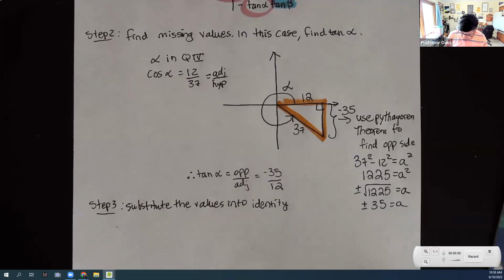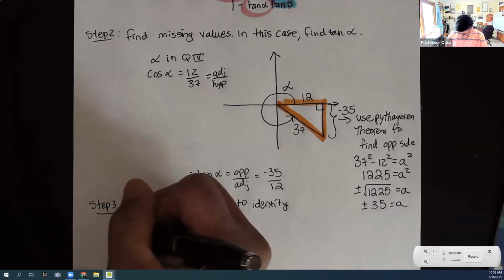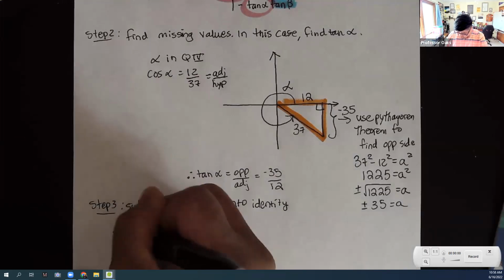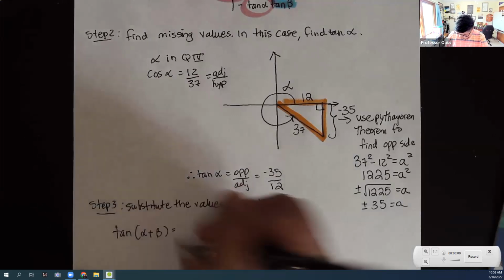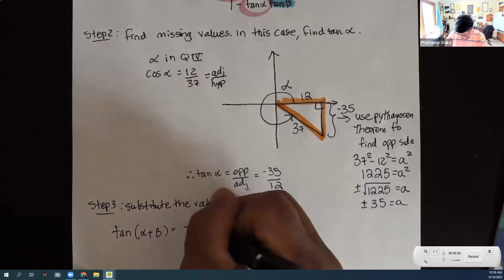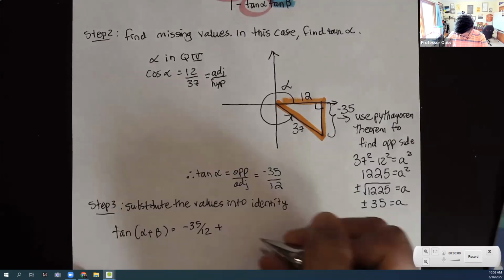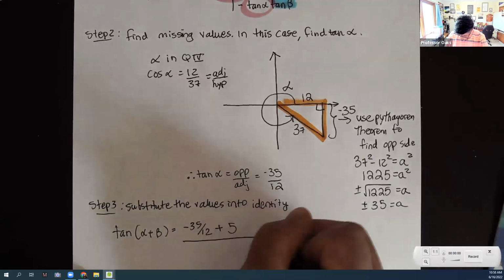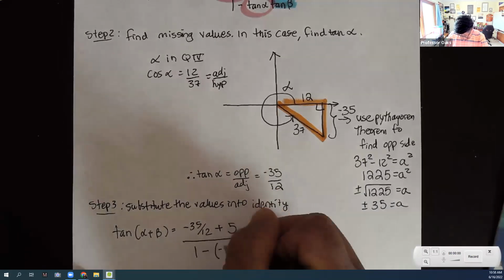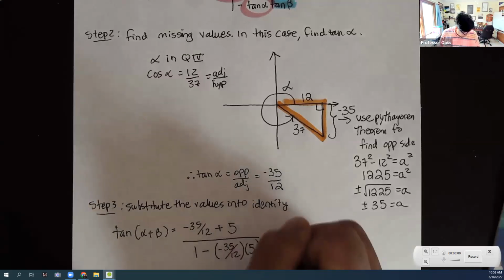So substitute the values into the identity. We have tangent of alpha plus beta. Tangent of alpha was negative 35 over 12, plus tangent of beta, which is 5, over 1 minus tangent of alpha, negative 35 over 12, times tangent of beta, 5.